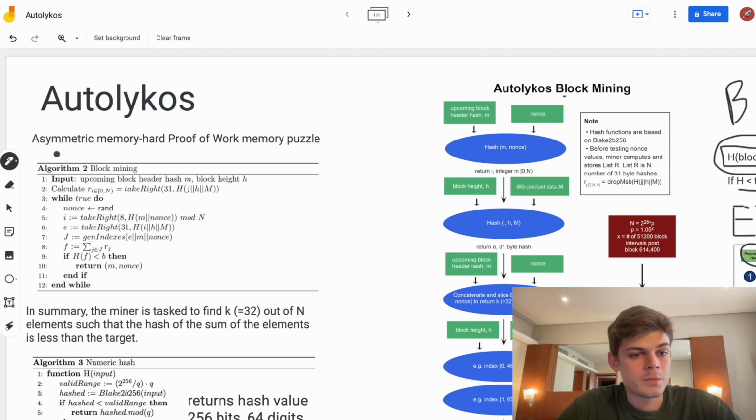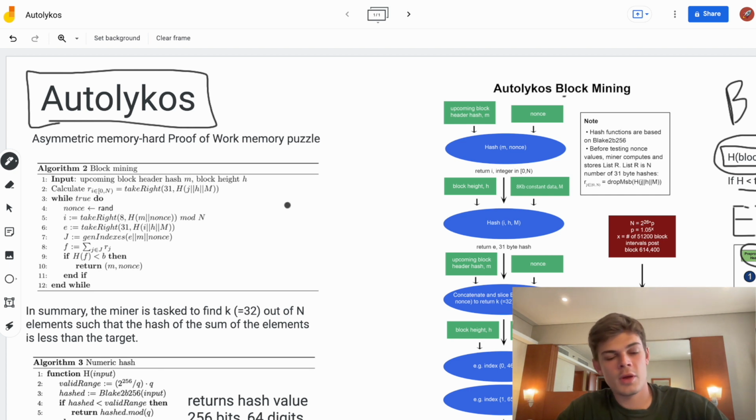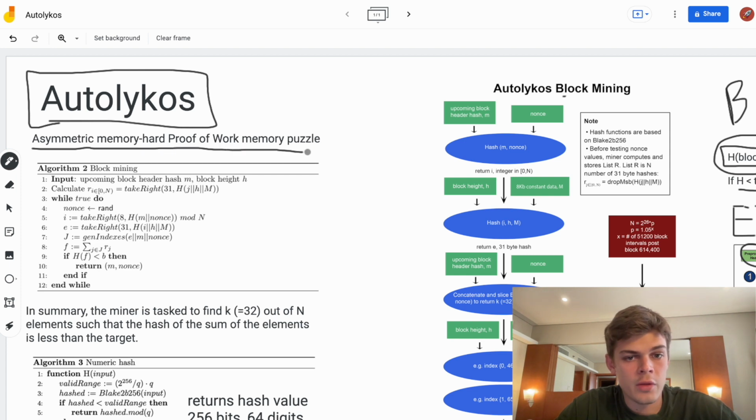as much as possible. So now we introduce Autolykos. That was a very long intro, sorry about that, but I think it's necessary to go over all of that to first understand why Autolykos is important and innovative. So first of all, this is a brief description of Autolykos. So what does this mean? Asymmetric just means it takes a lot of effort to find a solution, find a proof of work, but it's very easy to verify because you just backtrack it, right?